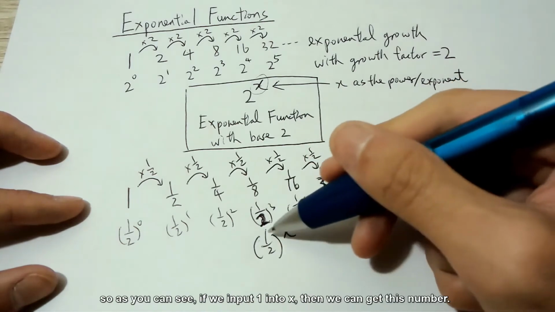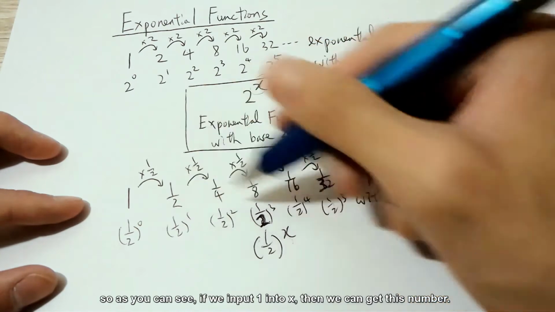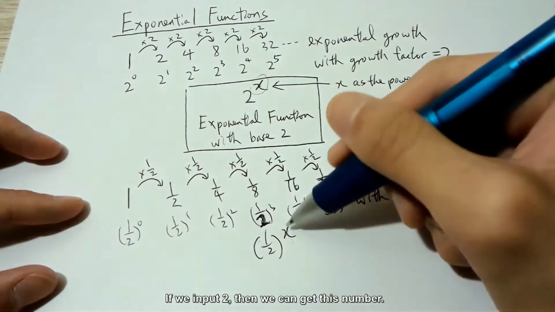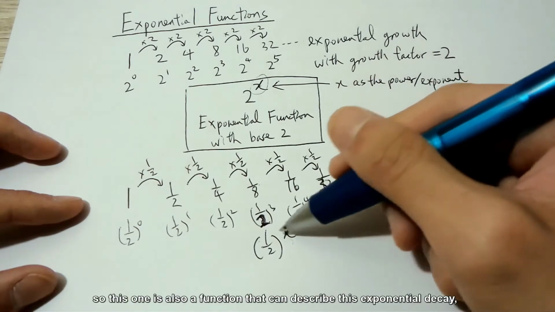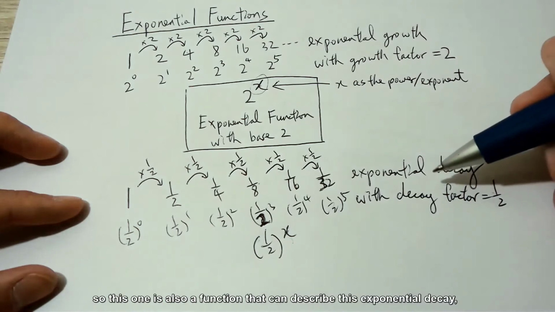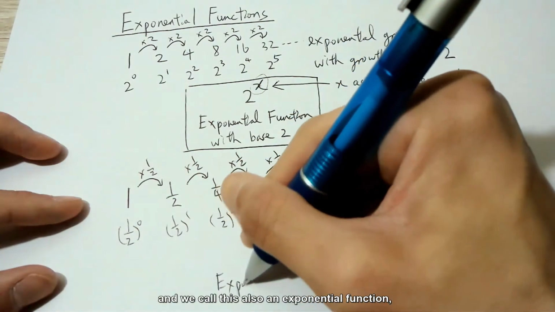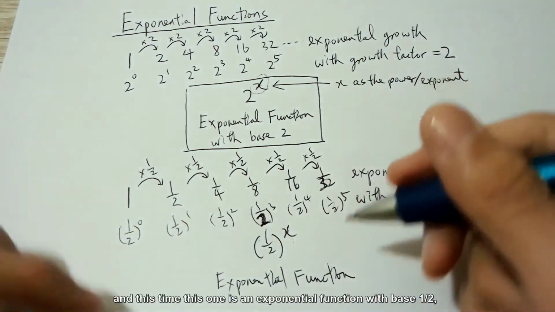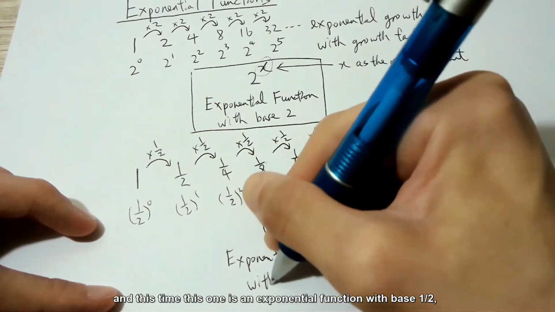So as you can see, if we input 1 into x, then we can get this number. If we input 2, then we can get this number. 3, this number. 4, this number. 5, this number. So this one is also a function that can describe this exponential decay. And we call this also an exponential function. And this time, this one is an exponential function with base half.